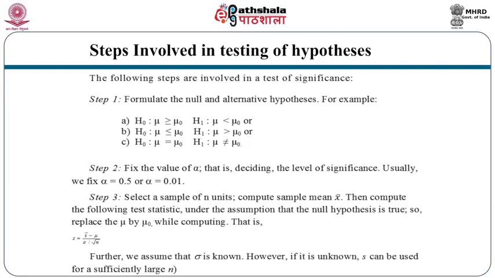N is the sample size, sigma is the standard deviation, mu is the population mean. While calculating z, we assume mu equal to mu naught as per the null hypothesis. So we compute z. Let this z be known as Zc, that means the z computed value. Please note here that sigma is known and n is sufficiently large.